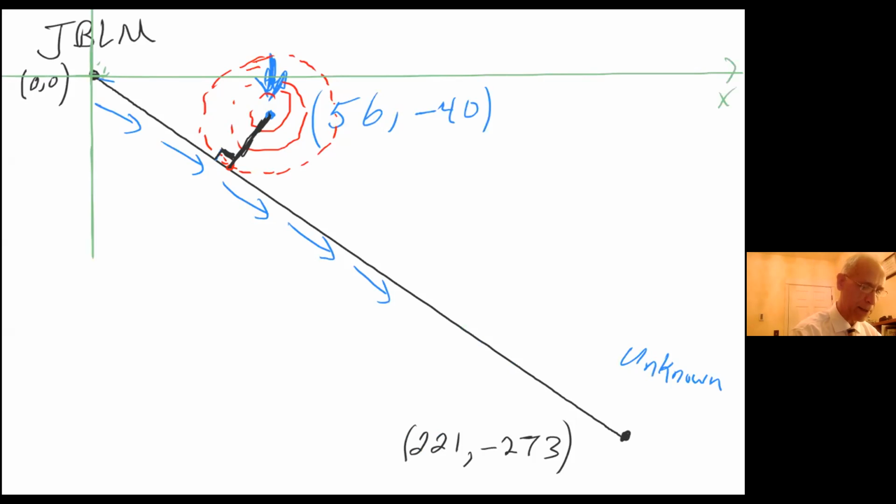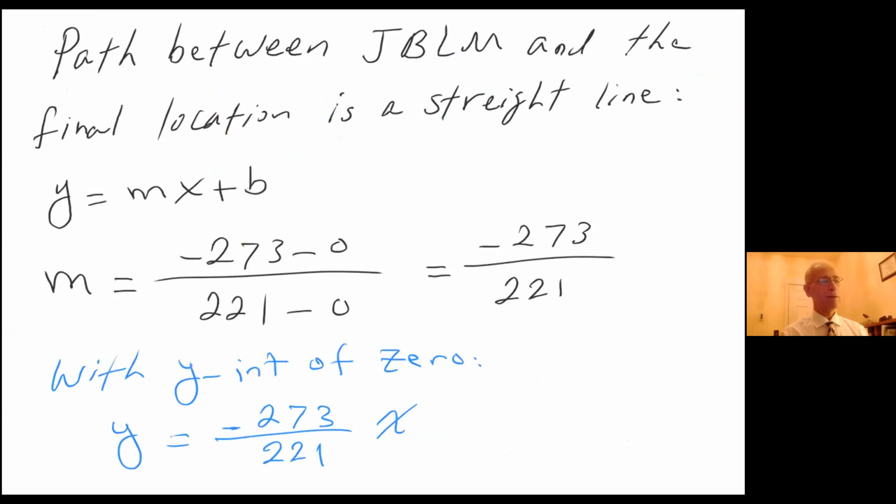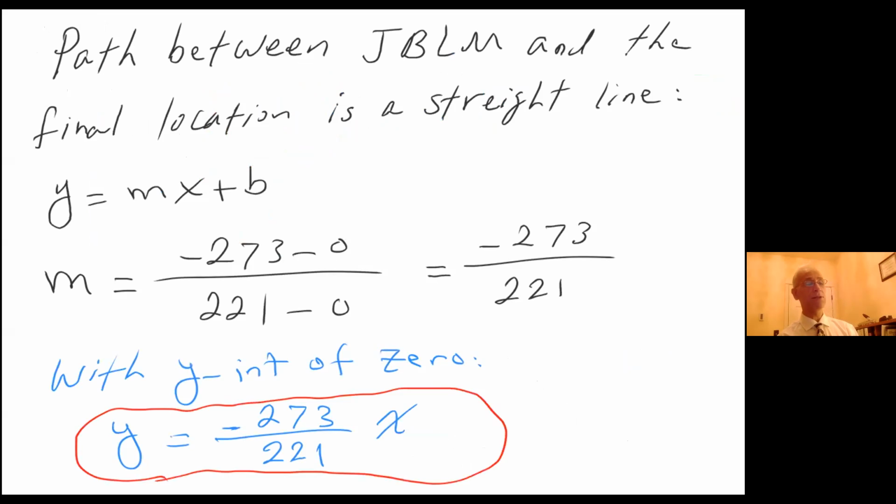If this is the x-axis and this is the y-axis, the point of intersection, the value of b, is 0. You could also calculate it. With b, the y-intercept, being 0, the equation for the line of the path from JBLM to the final destination is y equals negative 273 over 221x. You could have a plus 0 if you wanted to, but you don't have to.